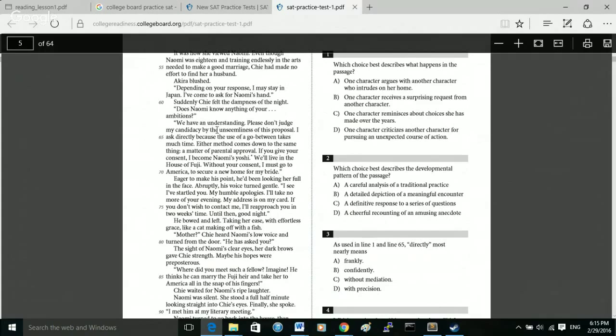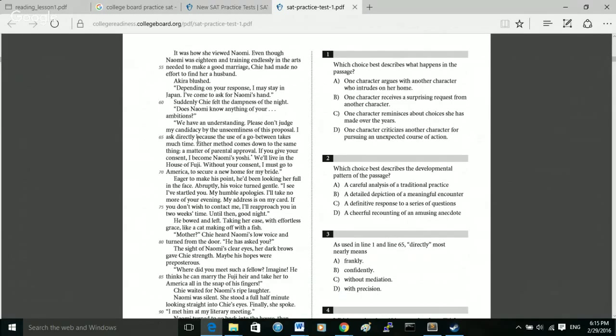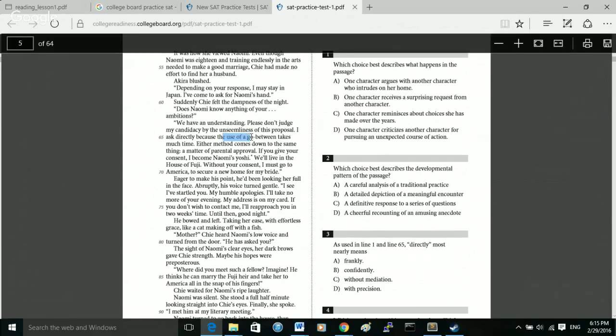Please don't judge my candidacy by the unseemliness of this proposal. I asked directly because the use of a go-between takes much time. Here, there's direct evidence showing that he skipped steps. And this is the biggest clue that answer choice C is correct. But also make sure to read all the answer choices, so we don't get ahead of ourselves and almost circle C already.